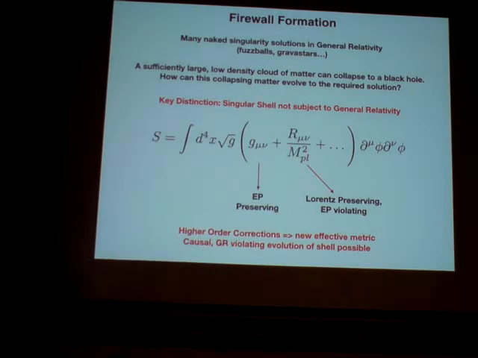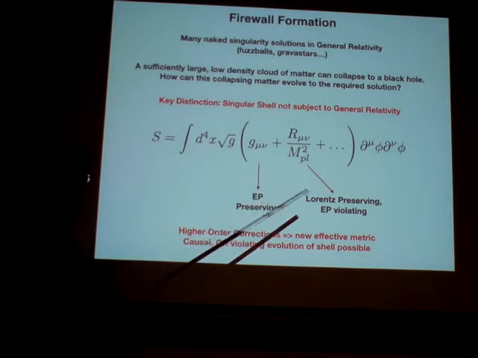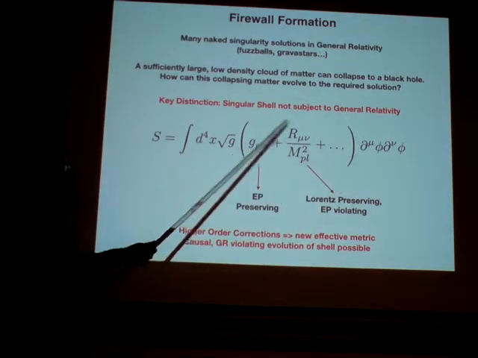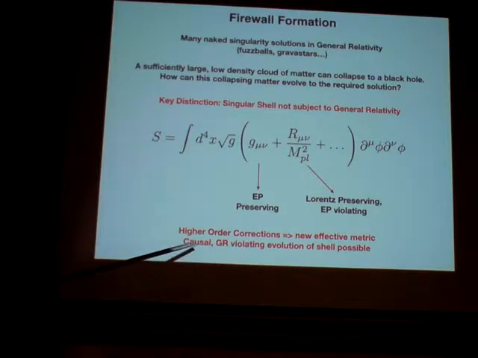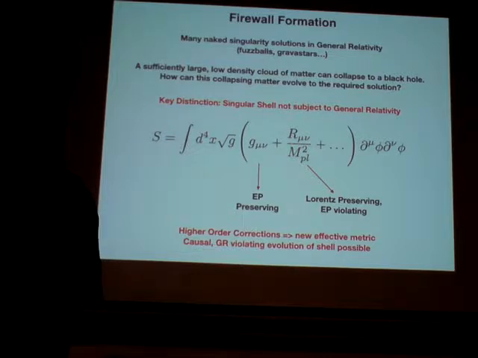So this is just a plausibility story for how such a shell could evolve in a Lorentz preserving theory, but in a way that violates causality dictated by general relativity. In my view, it's very reasonable, and doesn't mean it's true, but plausible that there could be causal but GR violating evolution of the shell.